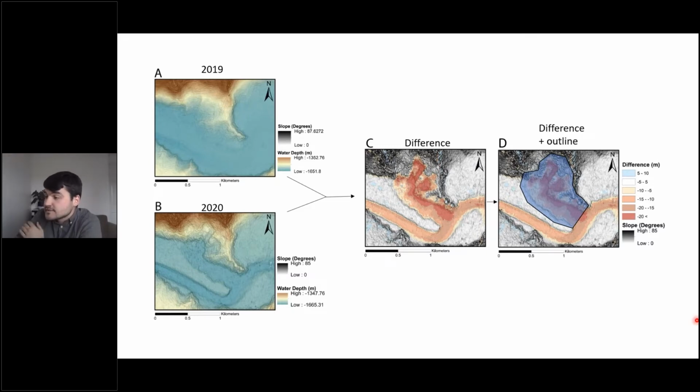It's important to understand the uncertainties with this data. The resolution in the Congo Canyon in Angolan waters is generally 5 meters, with water depths of 1,500 to 2,000 meters. In the submarine channel, that's up to 5,000 meters water depth, we have a resolution of approximately 15 meters.